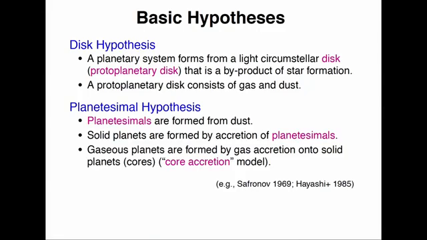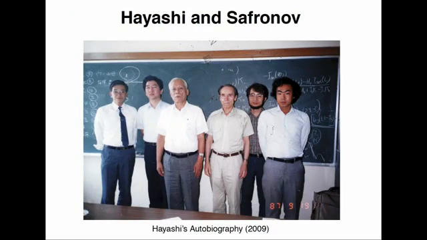So this model is also called the core accretion model or core nucleated accretion model. And these models or scenarios were developed independently by Safronov, by Hayashi's group, and also by Pollack et al. And I bring here this very rare, important picture. This is Hayashi. Astrophysics major students may know the Hayashi phase, right? For star formation.